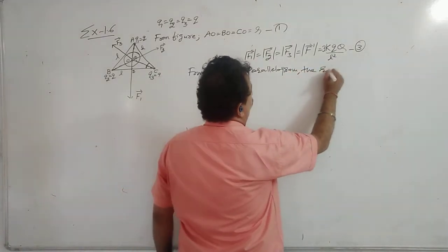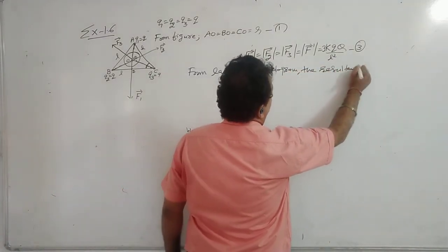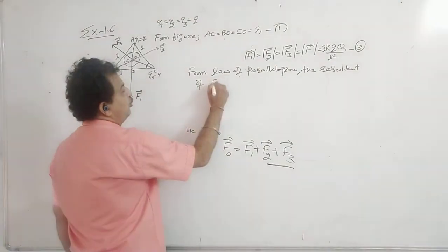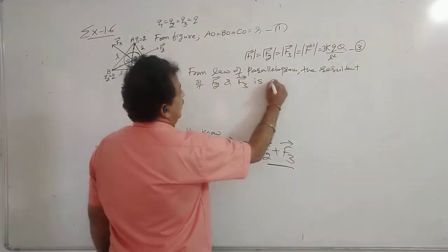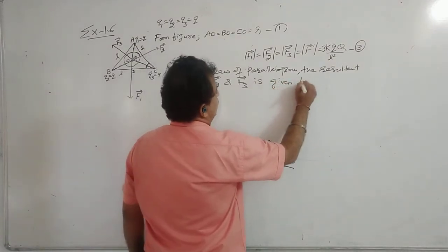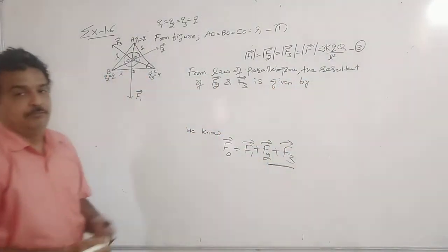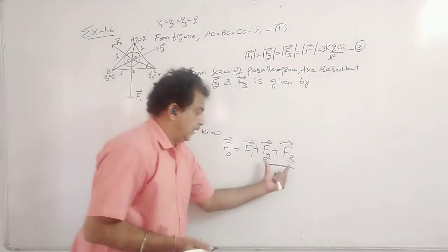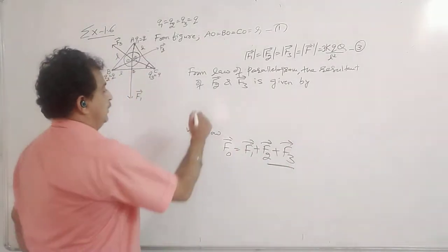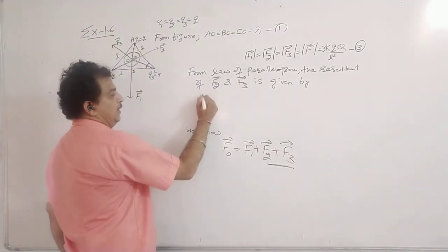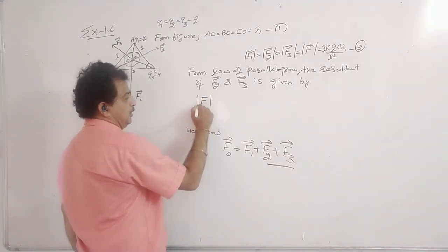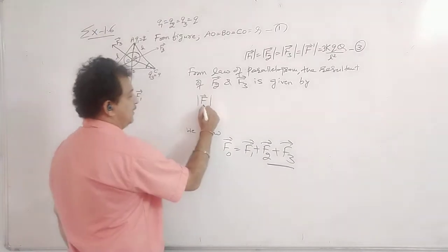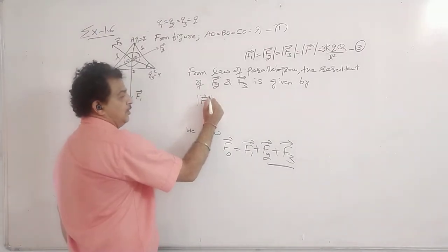So from law of parallelogram, the resultant of F2 vector and F3 vector is given by, now let us find out the resultant of this. We know this formula, that if you want to find out the resultant magnitude, let us name this as F double dash.